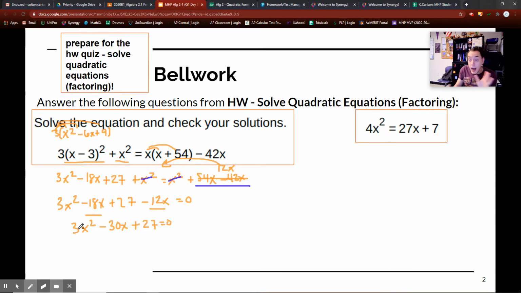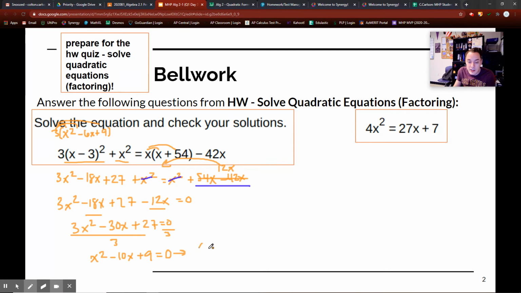And then, of course, I want to try to get this as simplified as possible. So I am going to divide everything by 3. Now, when I divide everything by 3, this gives me x squared minus 10x, and then plus 9. And now it's very clear what are factors of 9 that somehow, some way add up to 10.